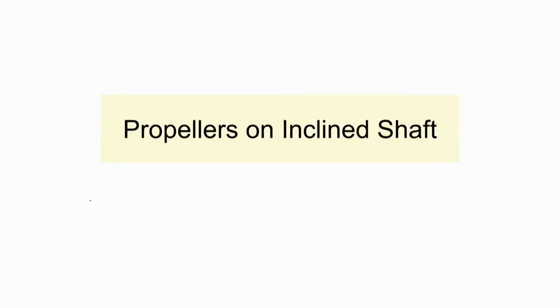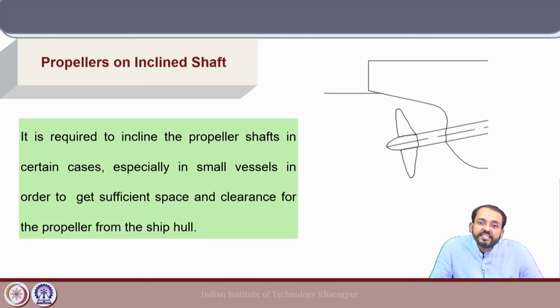Next, we will look into propellers on inclined shaft. For certain ship designs, it is required to incline the propeller shaft, especially in small vessels where sufficient diameter is not available.